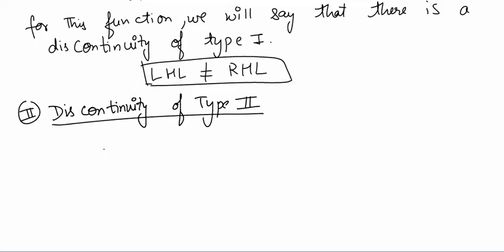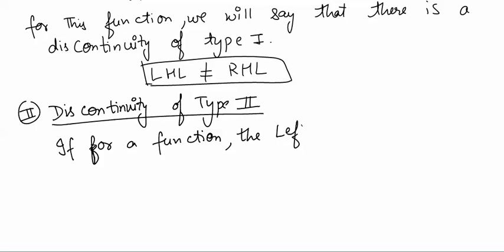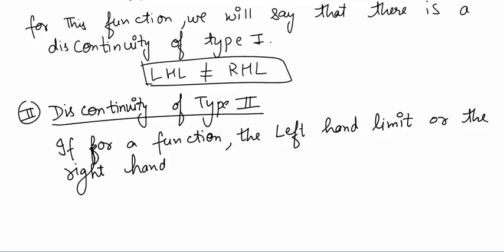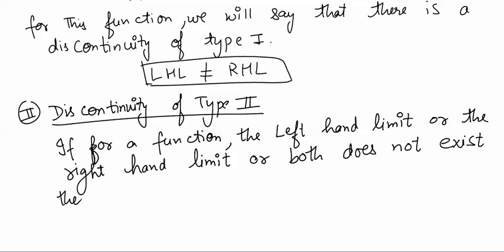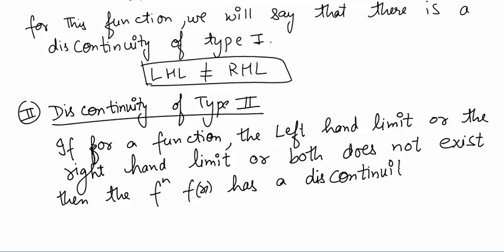Let's say for a function the left hand limit or the right hand limit or both does not exist, then the function f(x) has a discontinuity of type 2. Getting my point?